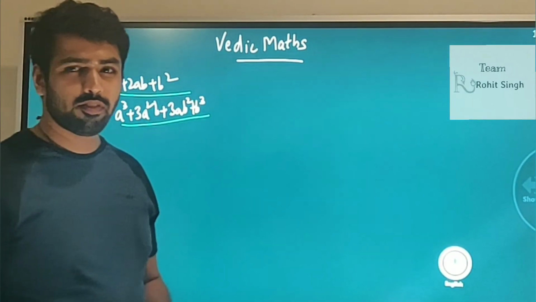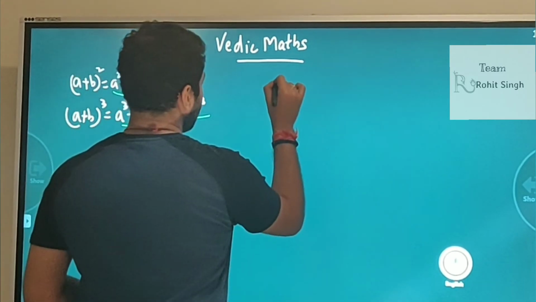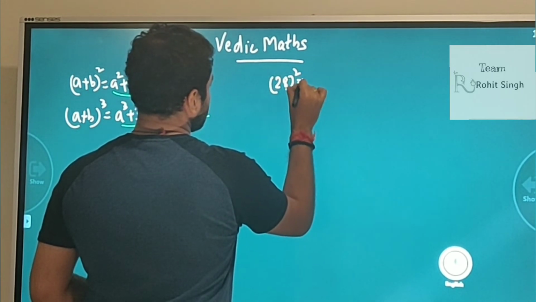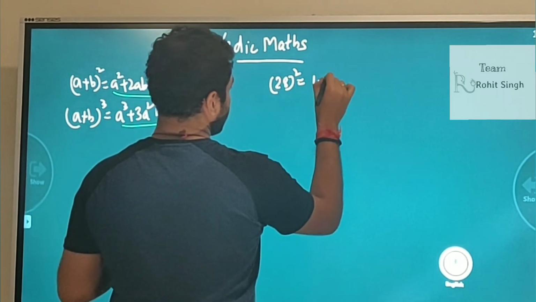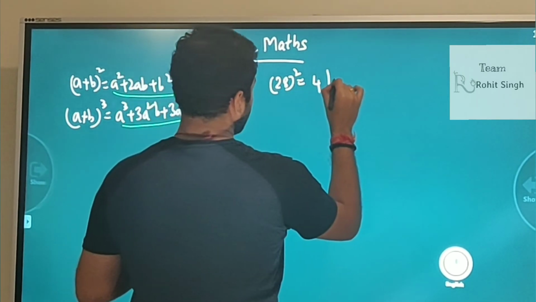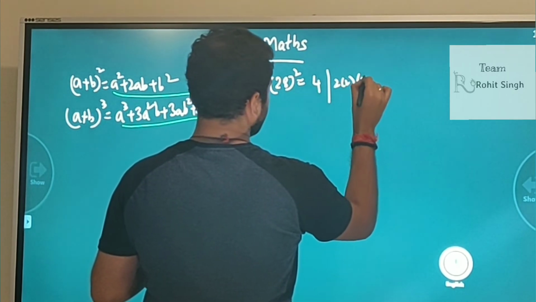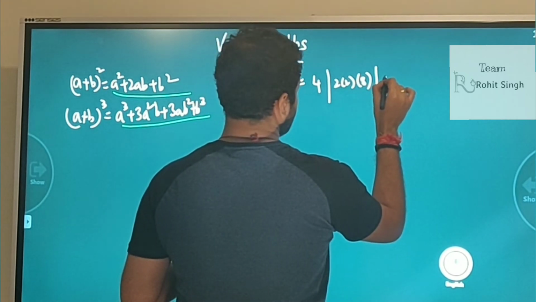So now let us solve one more example using the same method. So we will take 28 square. So we have first a square. A square is 2 square, 4. Next 2ab, 2 into 2 into b, is 8 over here, and next b square, that is 8 square.